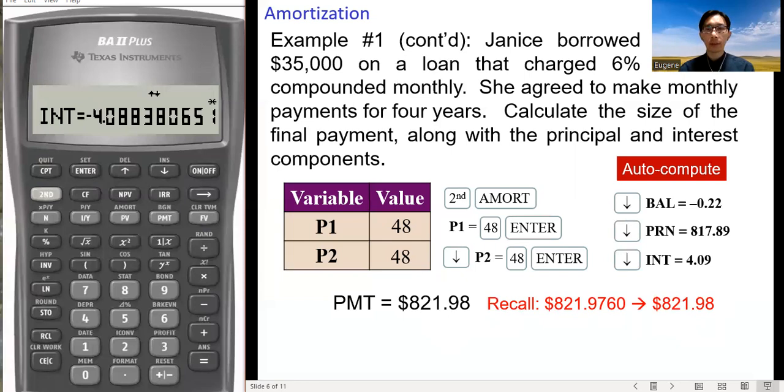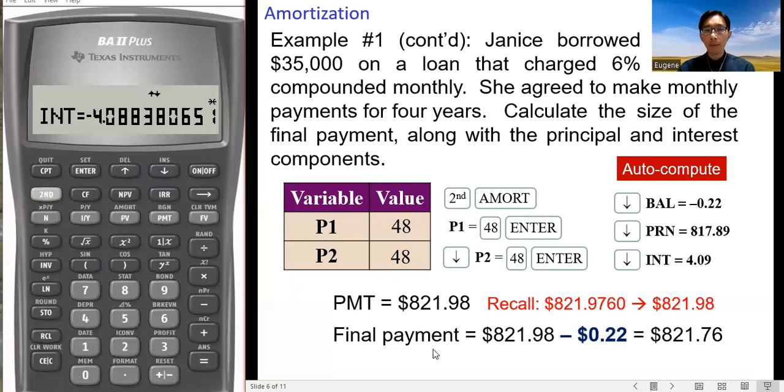So for the last payment, we can adjust it by reducing the payment amount. The adjustment is negative $0.22. So the final payment equals the regular payment $821.98 minus 0.22, so we get $821.76.